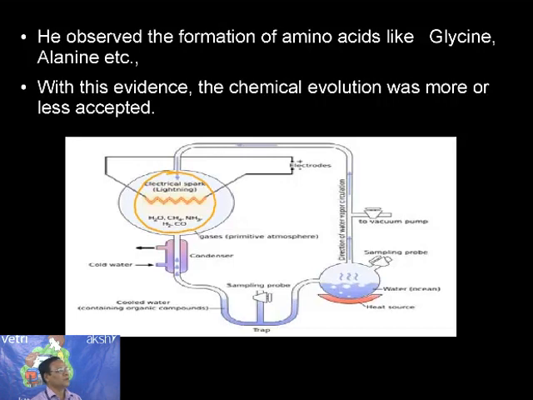So life could have originated from non-living organic molecules, preceded by the chemical origin, nothing but the formation of different organic molecules by means of external forces, like electrical forces, that is lightning or UV radiations, and other physical forces responsible for the union of such molecules to form the first life. So that is called the chemical origin of life, or simply chemical evolution.